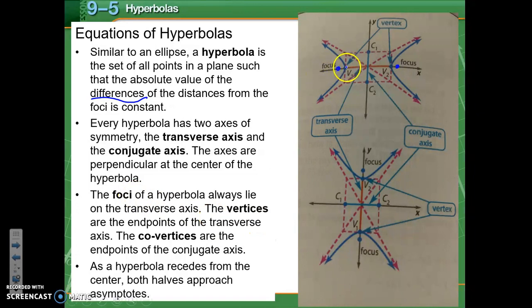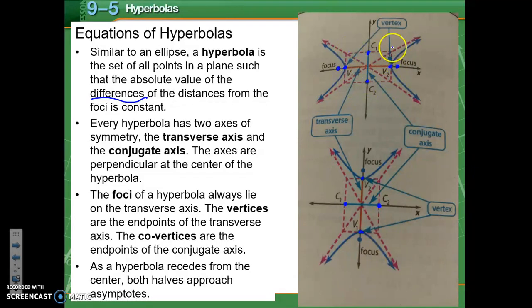The vertices are kind of like what we would think of as the vertices of a parabola, except these are slightly different shaped. They're a hyperbola. So you can see the vertices in both of these pictures. The covertices are on the end of the conjugate axis. So those are these C points that you see here. And we'll talk about how to get those in a little bit, but those are called the covertices.